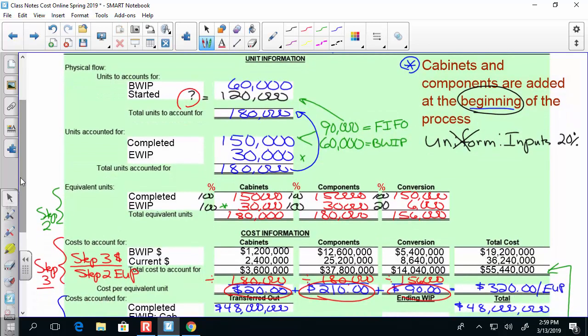So you basically know that these two numbers, the counted numbers, have to match. If the sum of the completed and ending WIP is 180, well then I know the upper part of the flow is also 180. My beginning units were 60. How do I get to 180? I have to subtract, right? So that's what we're looking at here.